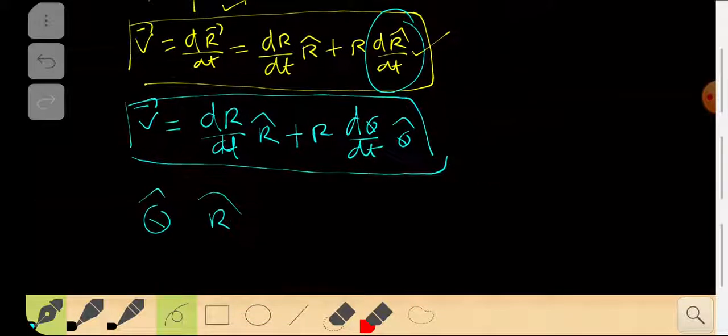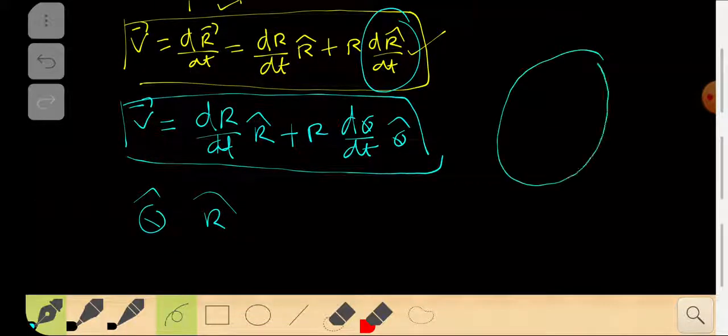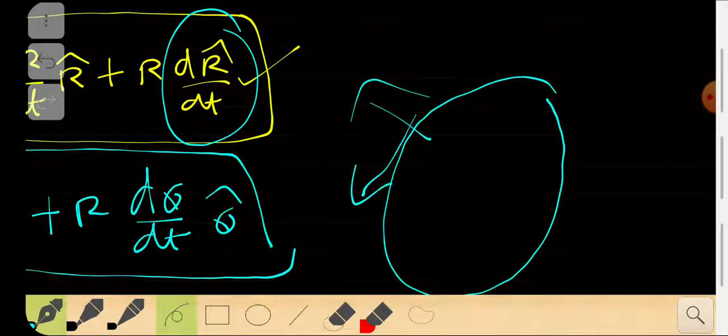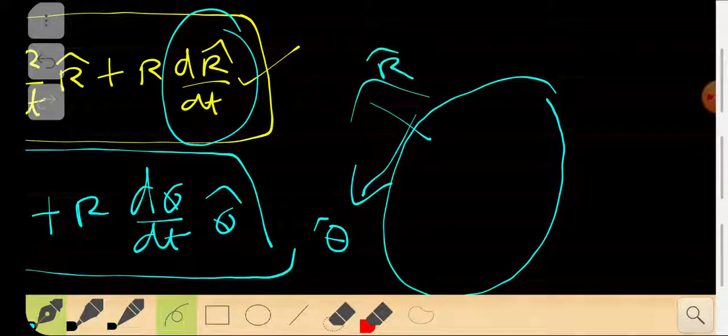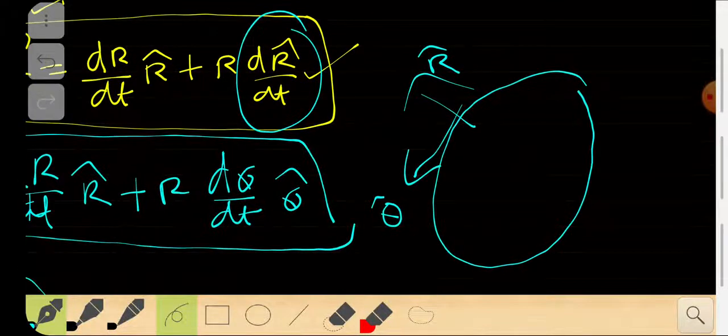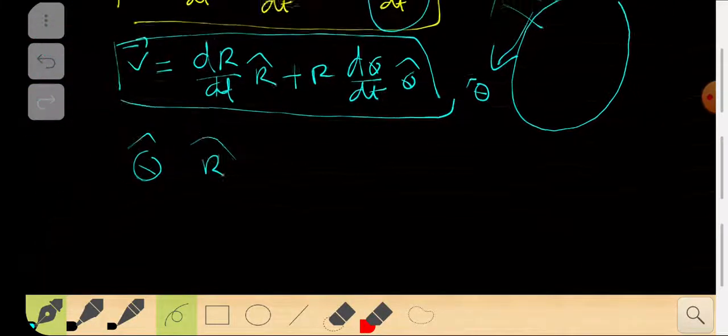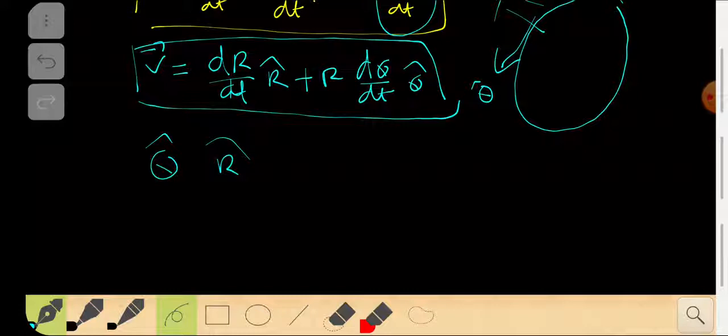So a thing that is moving in a non-circular path, it could be elliptical, it could be anything, will have an r cap component which is radially outwards, and a tangential component which is theta cap, tangent to the path, the trajectory. The r cap component points outward, or inward if it is negative.